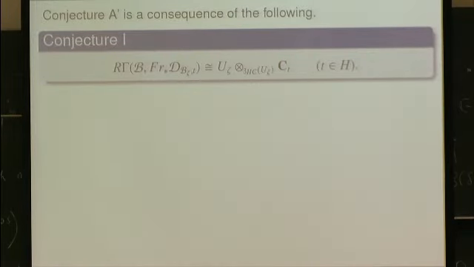In the rest of this talk, I'll give some remarks about conjecture A prime. First, conjecture A prime is a consequence of conjecture 1. Conjecture A prime was about an equivalence of derived categories, but we can prove this equivalence if we have this statement. The global B is a sheaf on the ordinary flag manifold.